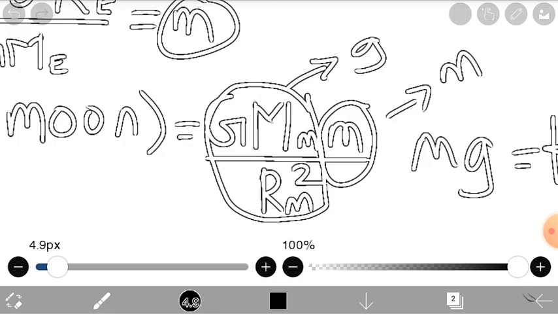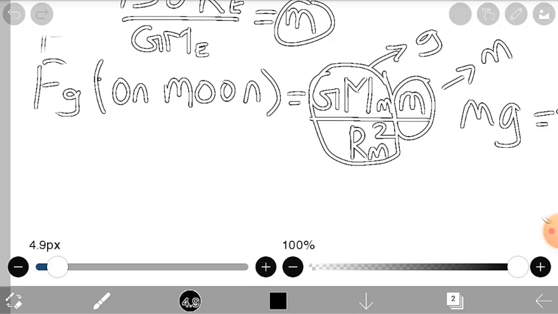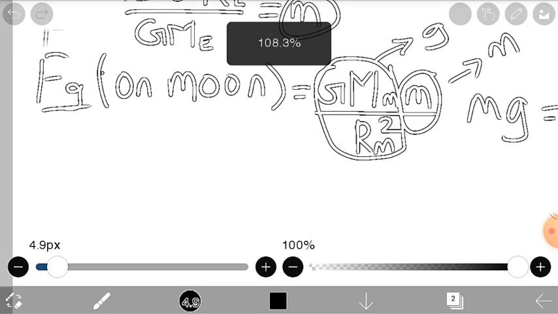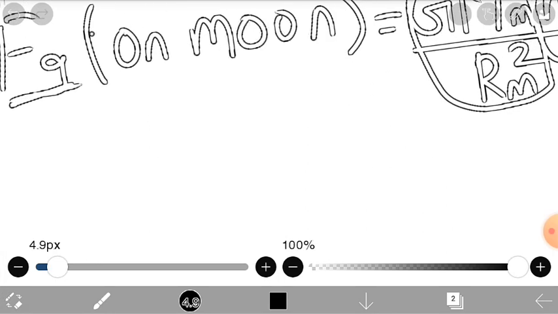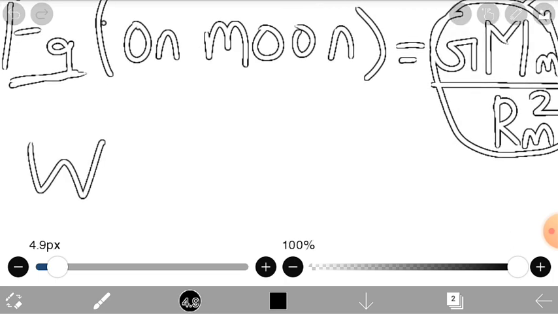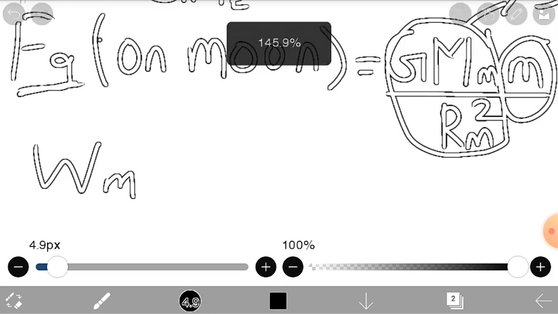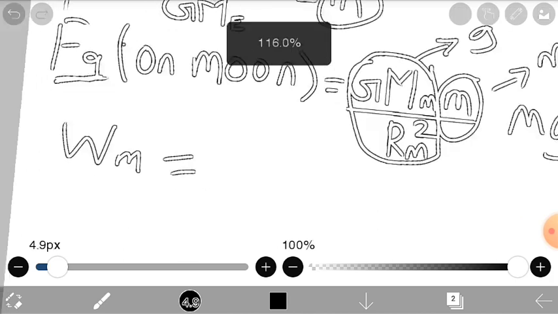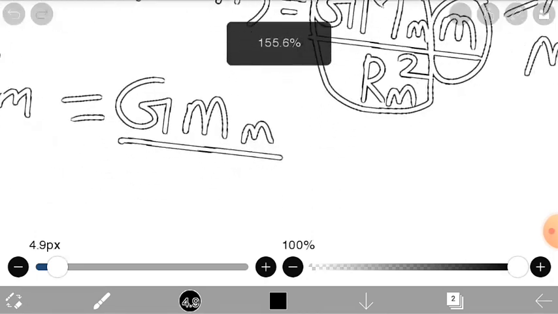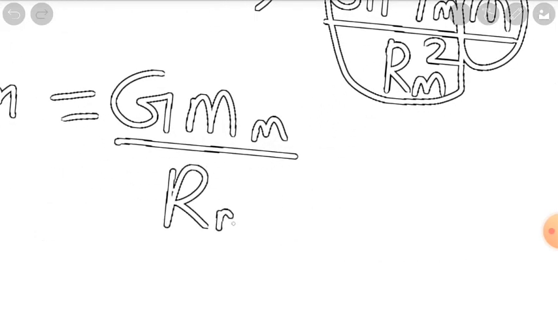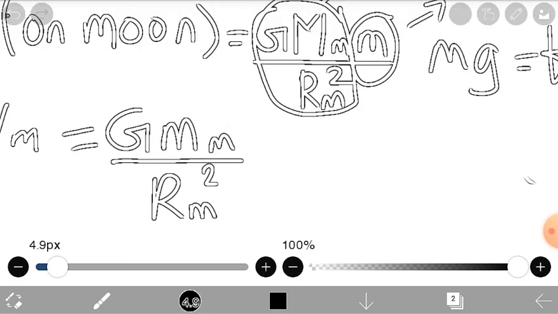This is acceleration g and this is mass m. So Fg on moon, we know that force equals weight, therefore Fg equals the weight on moon. Therefore weight of mass m on moon will be equal to G m m upon radius of moon square into m.